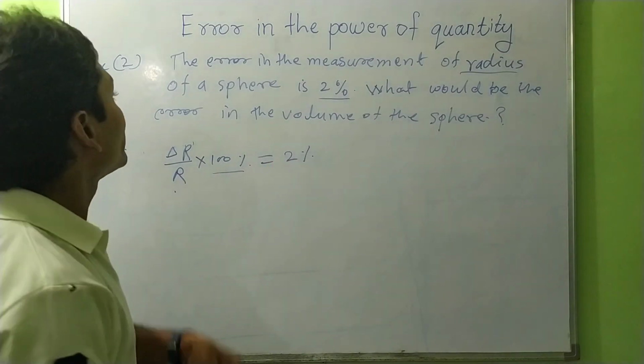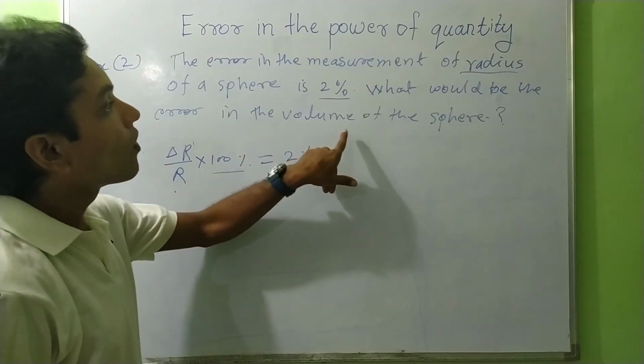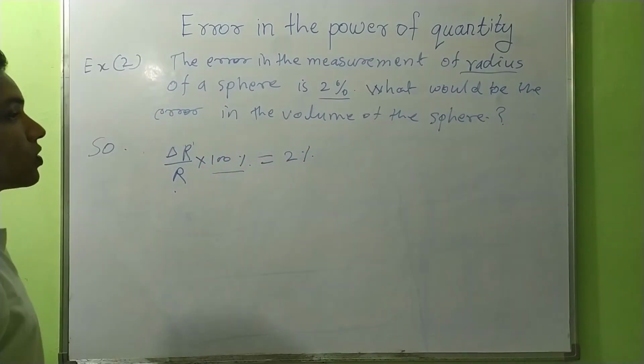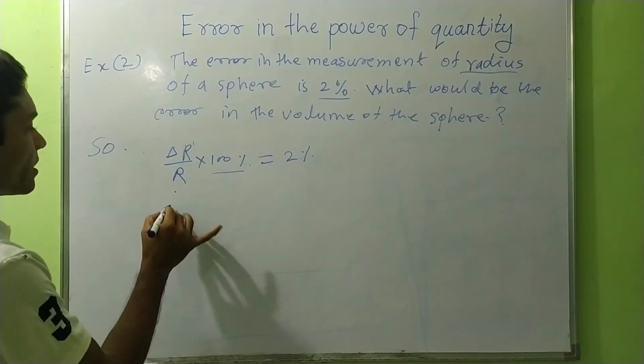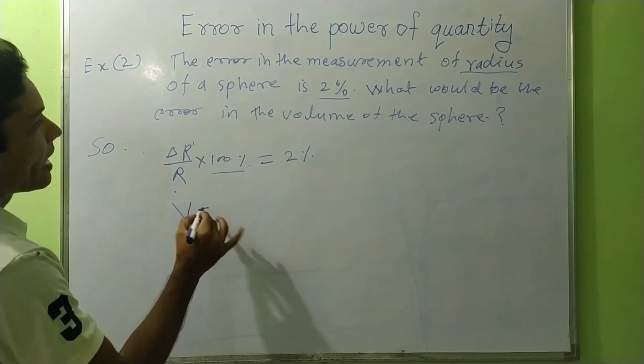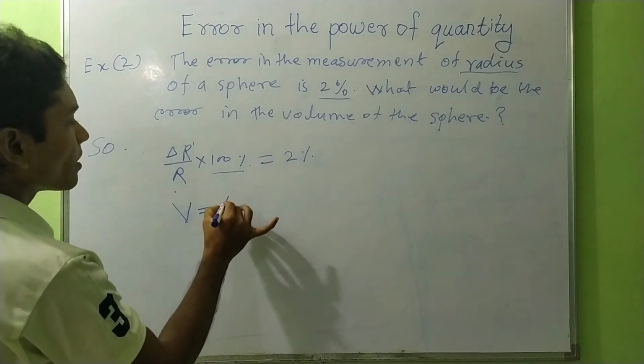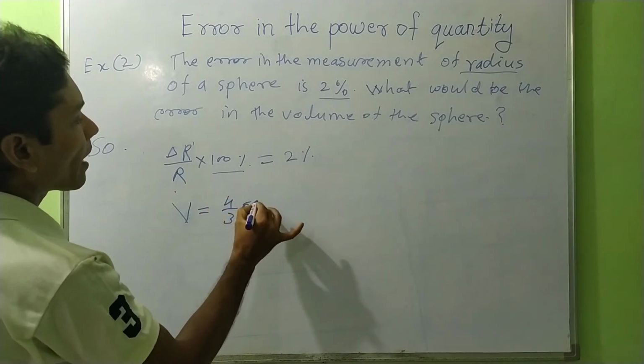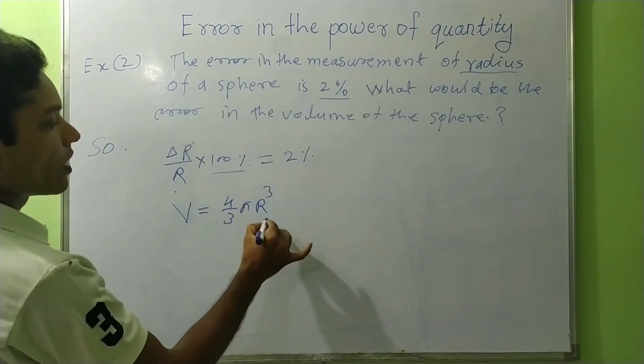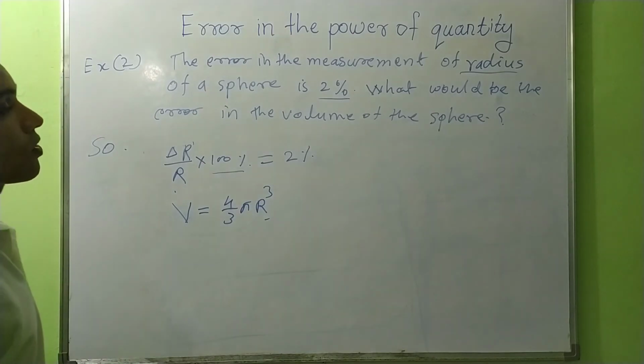Now we have to find the error in the volume of the sphere. Volume is represented by V, and the volume of a sphere will be 4 upon 3 pi r cube, where r is the radius of the sphere.